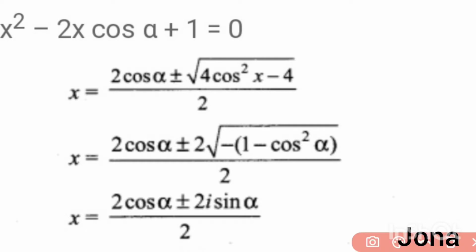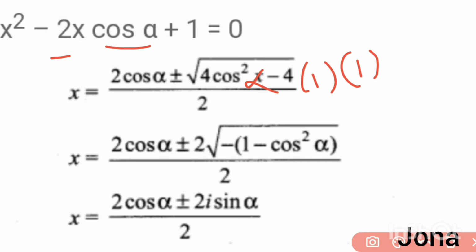The formula is minus b, and since we already have a minus here, it becomes plus: 2 cos alpha plus or minus root of b square, which is minus 2 cos alpha the whole square, that means 4 cos square alpha, minus 4ac, that means 4 into 1 into 1.